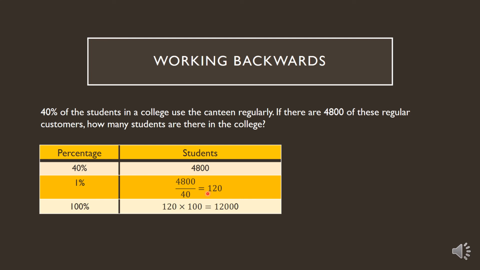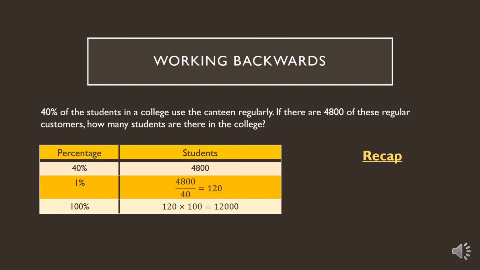So if I know what 1% of the student population is, it's very easy to scale it up to find what 100% is. And of course, 100% is the total student population. So we take 120 and multiply by 100, and we get 12,000 as the answer. 12,000 in the college.